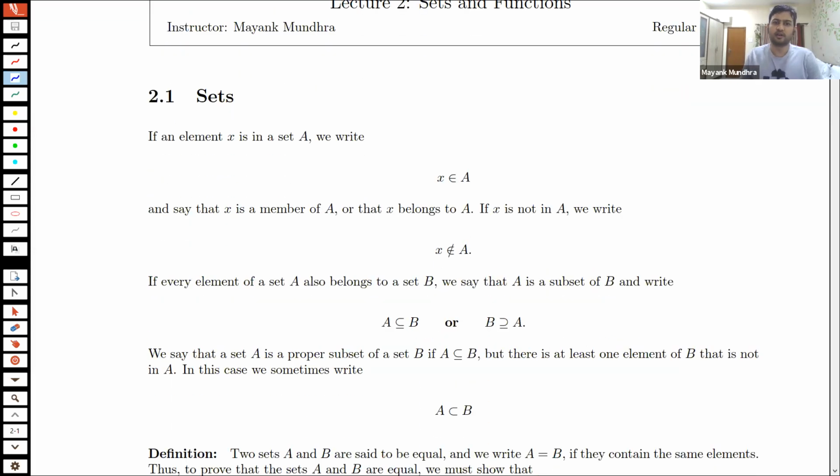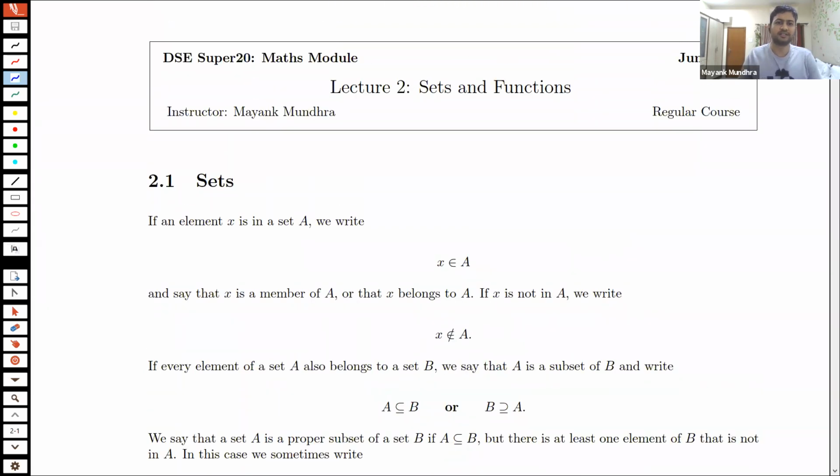Okay, sets. So what are sets? Sets are basically a collection of objects, right? Generally we use the word set when we talk about, let's say, a jewelry set. A jewelry set is really a set of a couple of earrings, a necklace, and so on.